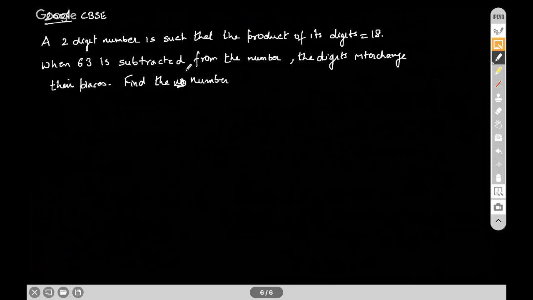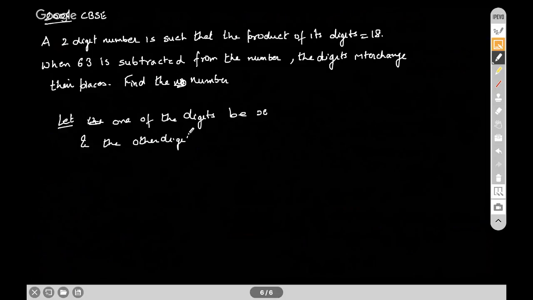So let one of the digits be x, then the other digit will be 18 upon x.